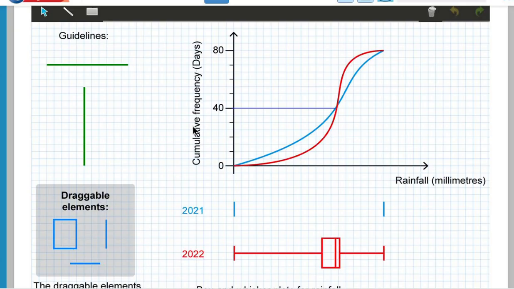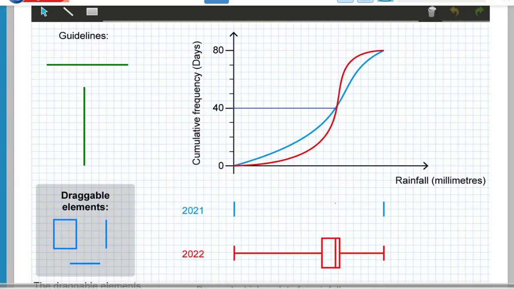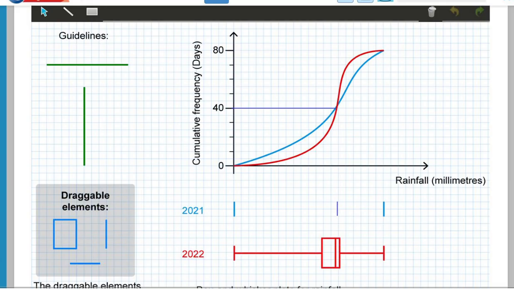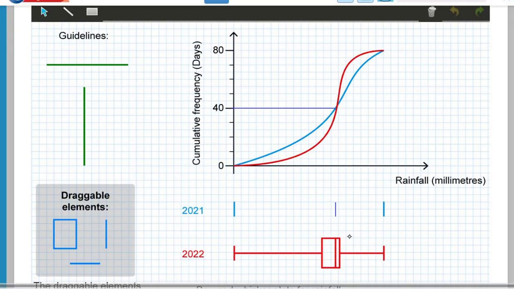In a box and whisker plot, the median value is supposed to be at the exact position above, roughly like this. It has to be a little bit on the left, exactly above the line on the red, because this represents the median.